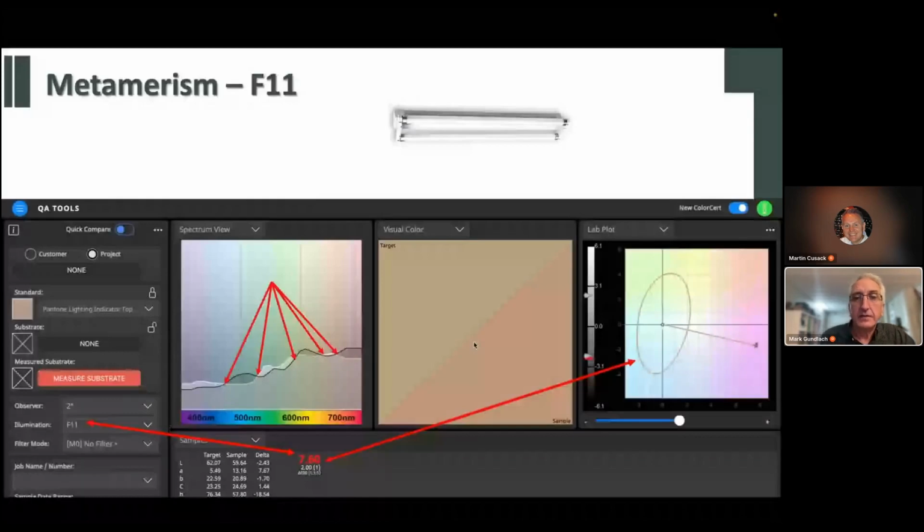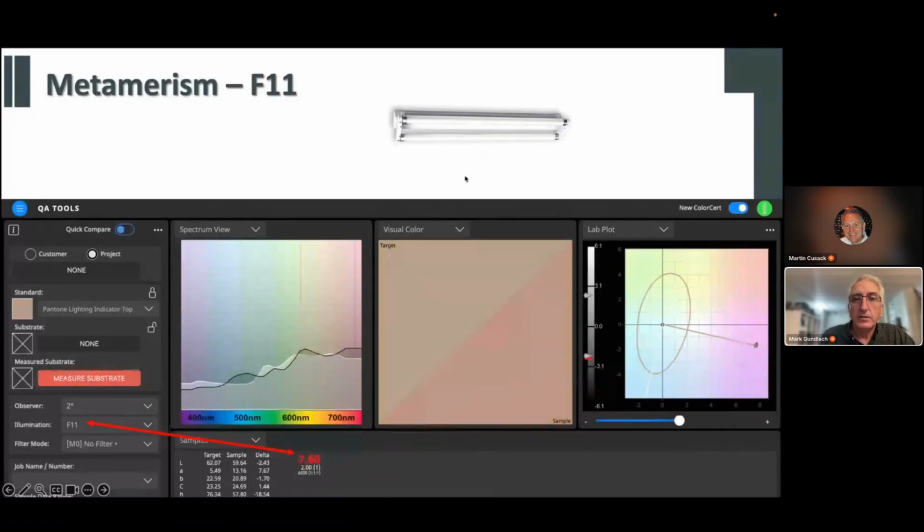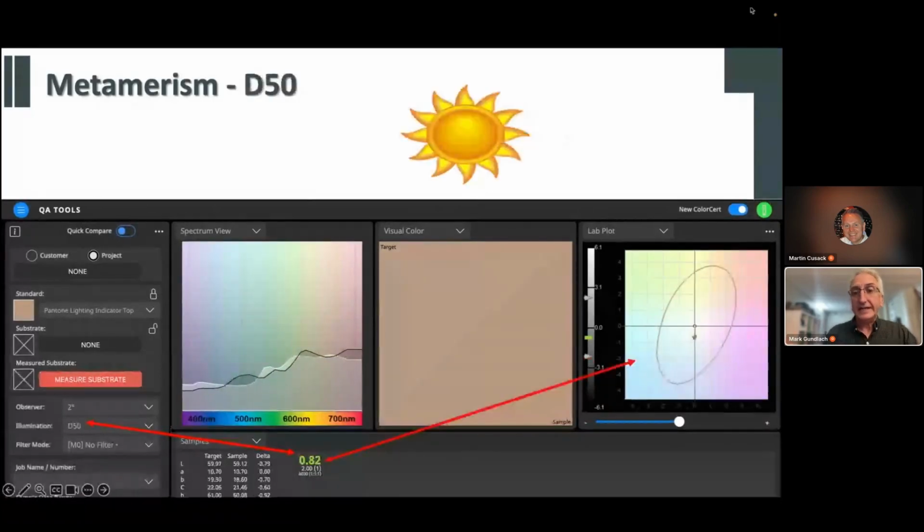In the example on the screen, when I shine daylight onto an object that has these spectral reflectance curves, the light in this source reflecting off that object is fairly uniform, let's say. Since these curves trend pretty similarly here, they end up looking pretty similar here.